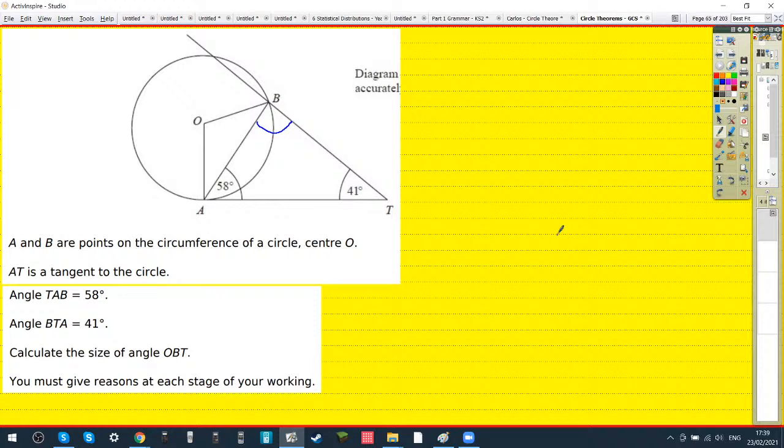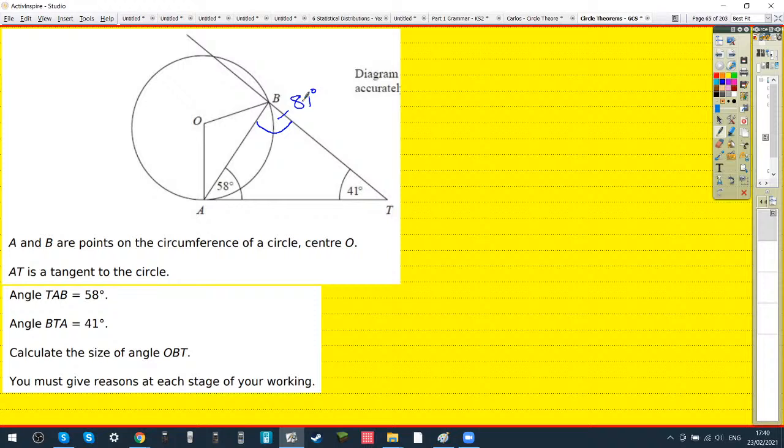Mm-hmm. So 180 take away 99 is 81. Yep. So that is 81 degrees. Okay.